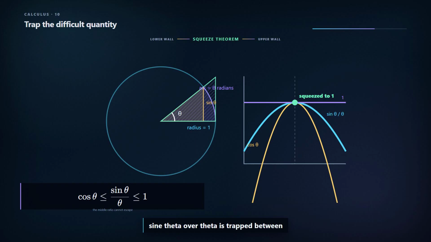The ratio sine theta over theta is trapped between cosine theta and 1. As theta approaches 0, cosine theta approaches 1, while the upper wall is already 1. The middle trace is squeezed to 1. By symmetry, the same destination holds from the negative side.